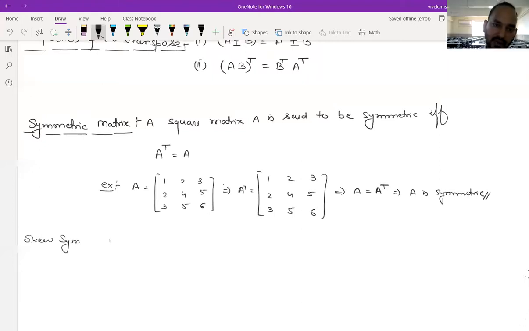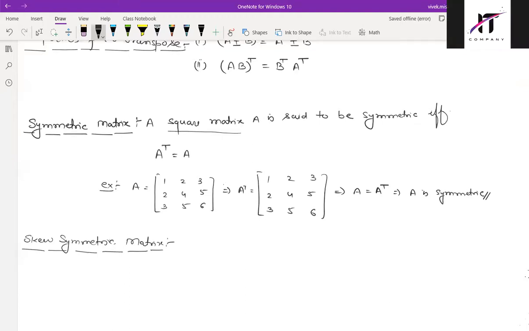Why I have used the square matrix? देखो, दो मैट्रिक्स के इक्वल होने का मतलब होता है, if we take transpose, the number of rows and columns will interchange.